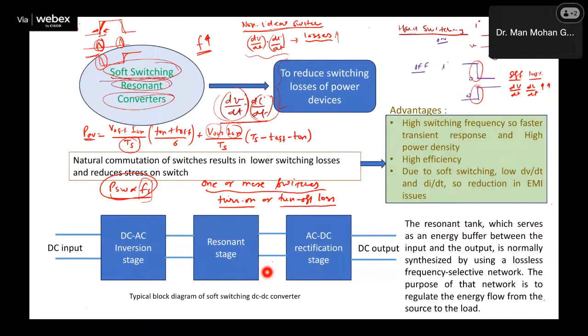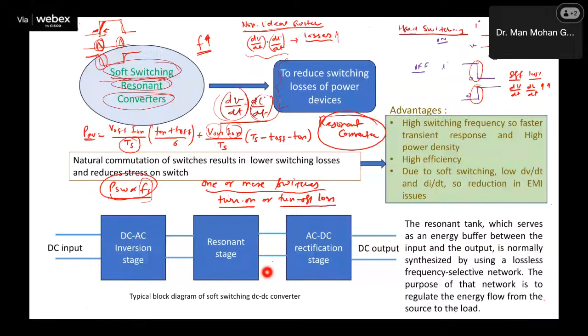So at that time you can make the switching losses zero. Those converters are called soft switching resonant converters.